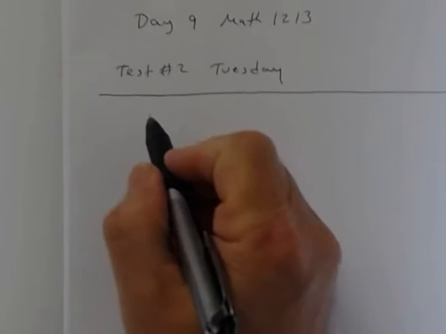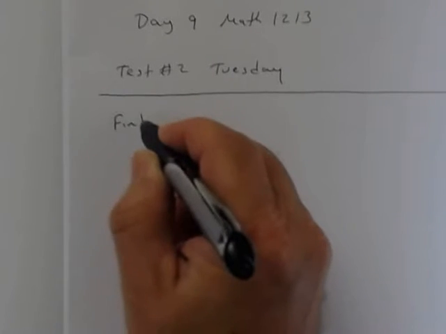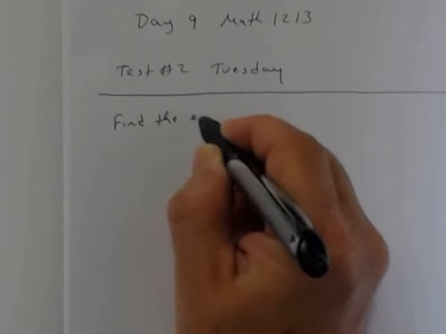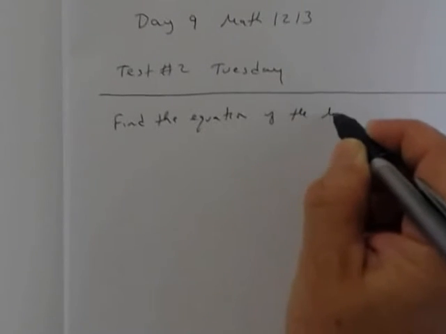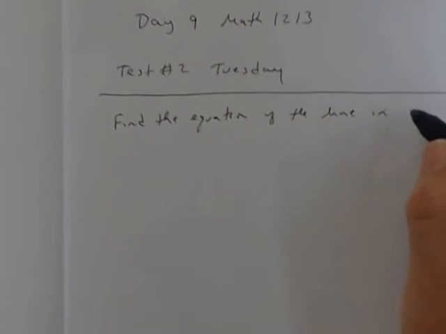Find the equation of the line. You want to put it in slope-intercept form.